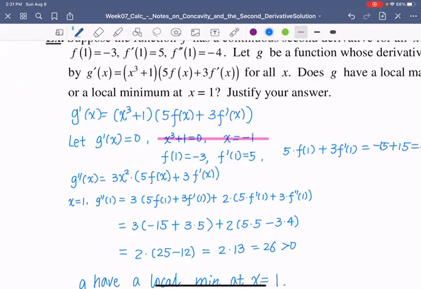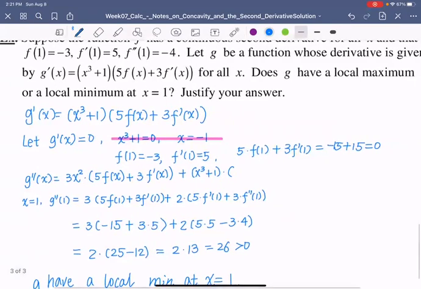And then we add to that: we copy the first expression down, x cubed plus 1, and take the derivative of the other part. It'll be plus 3x and the f double prime. There you go.